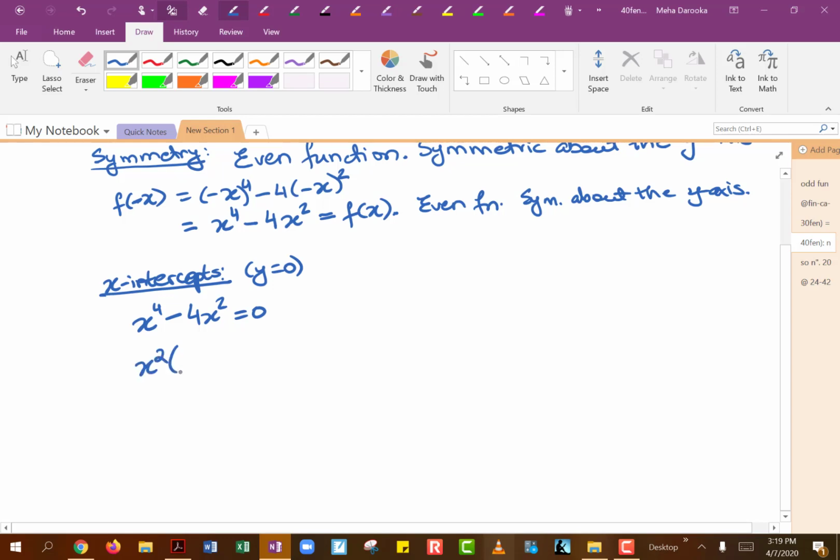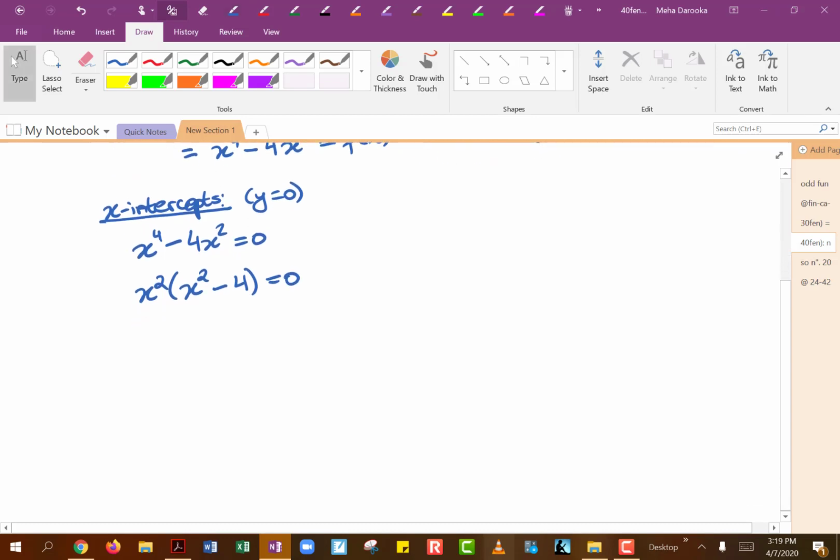So take outside an x squared. I'm taking 2 of the x's out, which means I'm left with 2 more x's from that first term of x to the 4th. For the second term, I took my x squared out, which means I'm only left with minus 4. And then, of course, this is equal to 0.